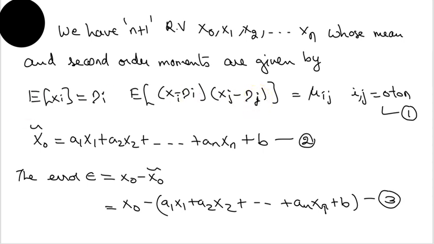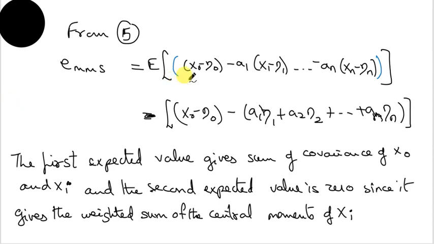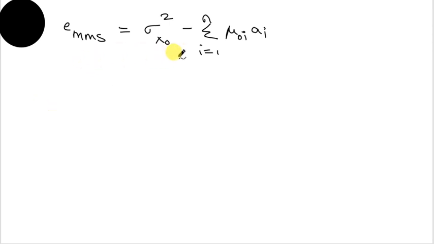Now come over here, look into this equation where we are moving above. Here you have xi minus eta i into xi minus eta j, the same formation, which leads to our EMMS value as sigma x naught squared minus summation i equal to 1 to n mu 0i ai. Okay, thank you.